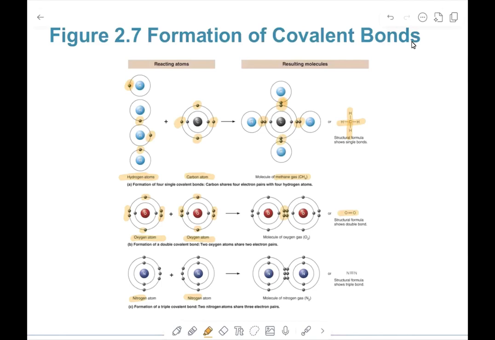We see those 5 here. And what's going to happen is these electrons are going to share to form a triple bond. So remember, when there's a total of 6 valence electrons that are being shared, that is a triple bond.